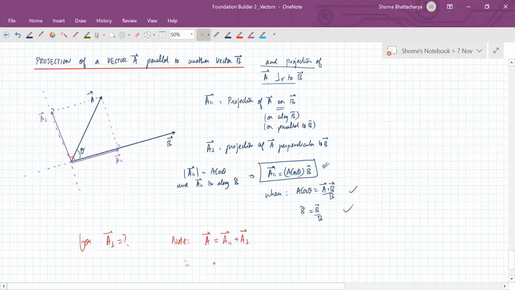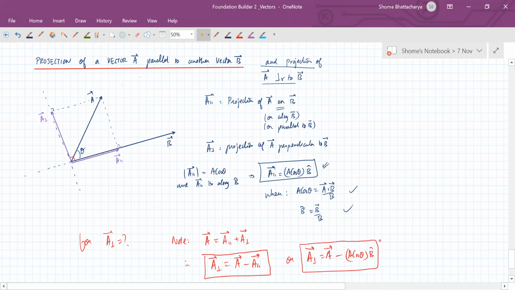So therefore we can write A perpendicular as the vector A minus the parallel, or as a formula it is the original vector A minus A cos theta into B cap, where A cos theta is this, and B cap is this. Okay, so just make a note of this new concept of perpendicular projection.